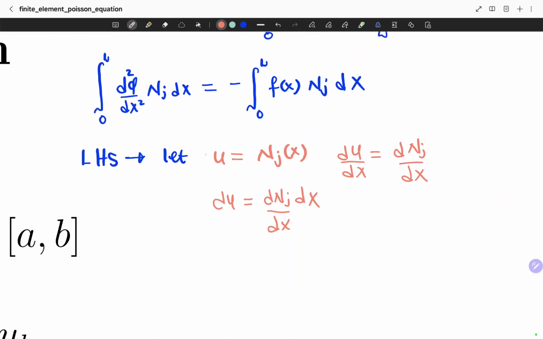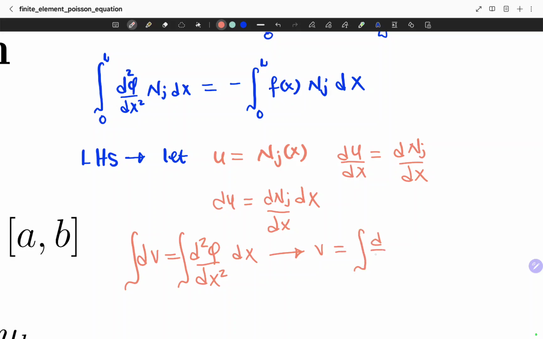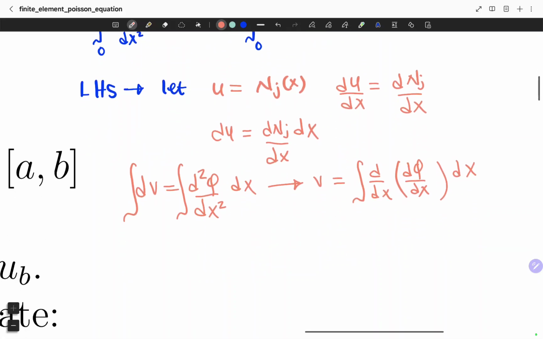For the integration by parts, if this is u, then you can say dv is del squared psi by del x squared del x, such that when you integrate both sides, the left hand side is just v, but this is going to look like this, del by del x of del psi by del x del x.